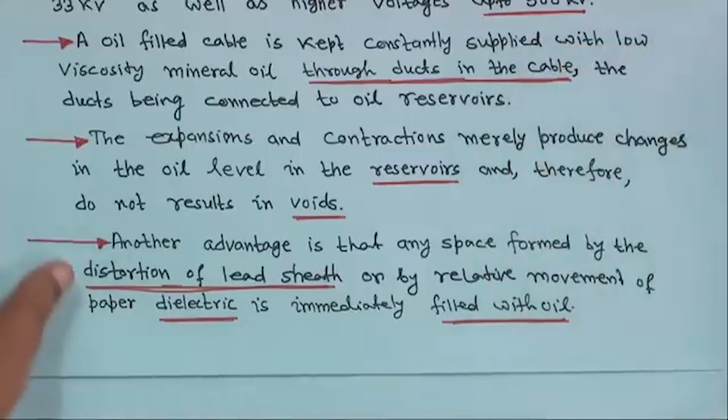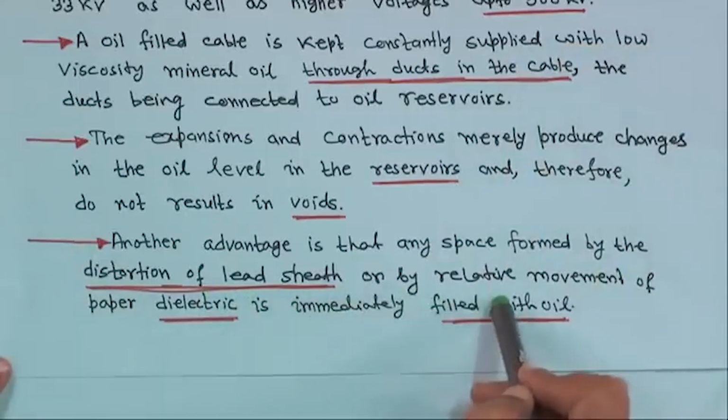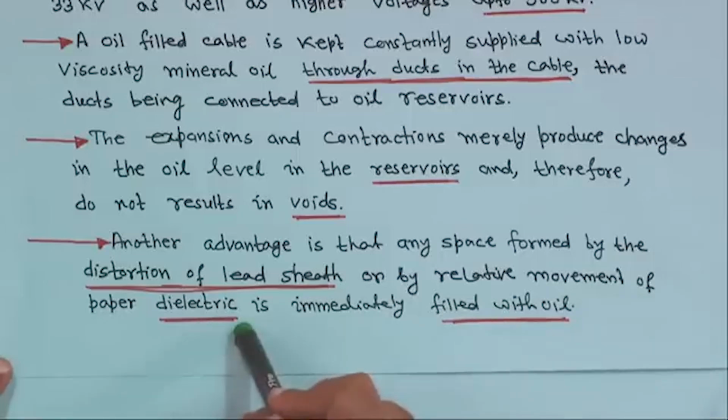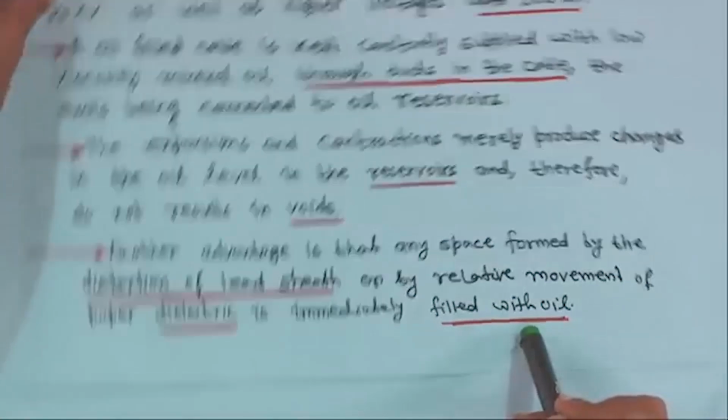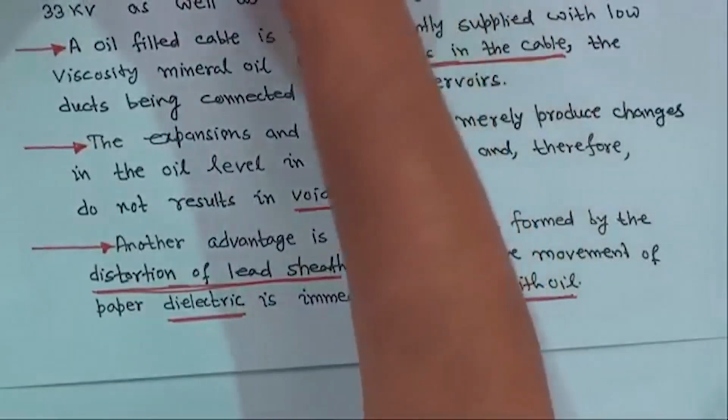So, any space formed by the distortion of the lead sheath or by relative movement of the paper dielectric is immediately filled with oil, so there is no chance of void formation.